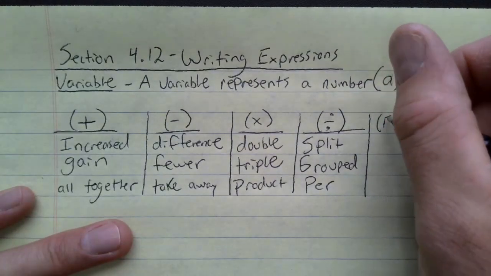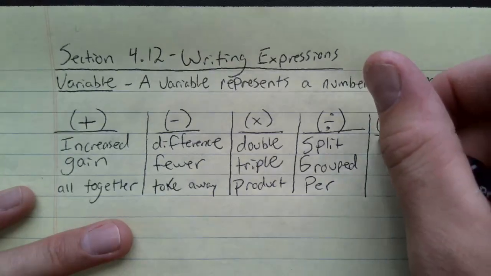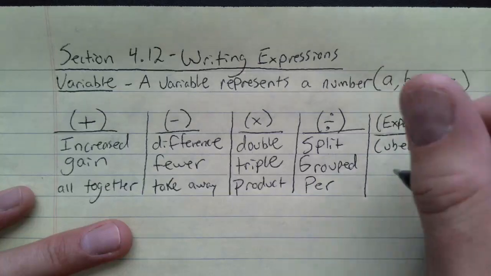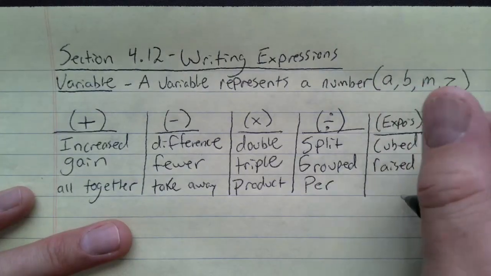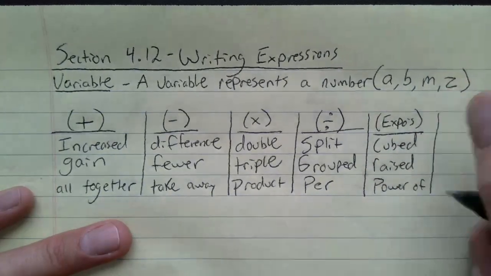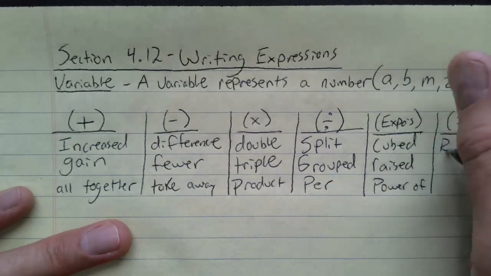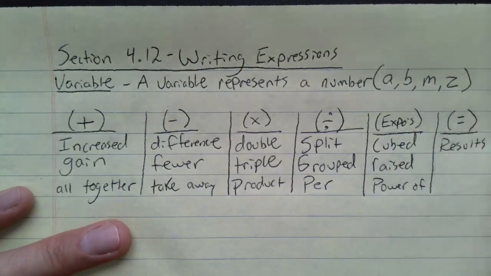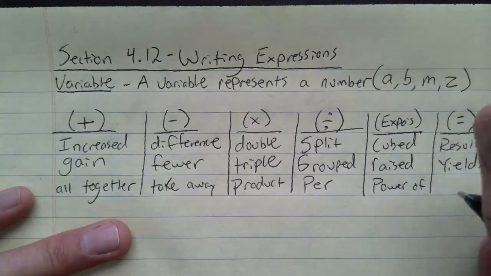For exponents, you'll see cubed, raised, or even to the power of. And of course, if something is equal to something else, that's going to mean results, yields, or even makes.